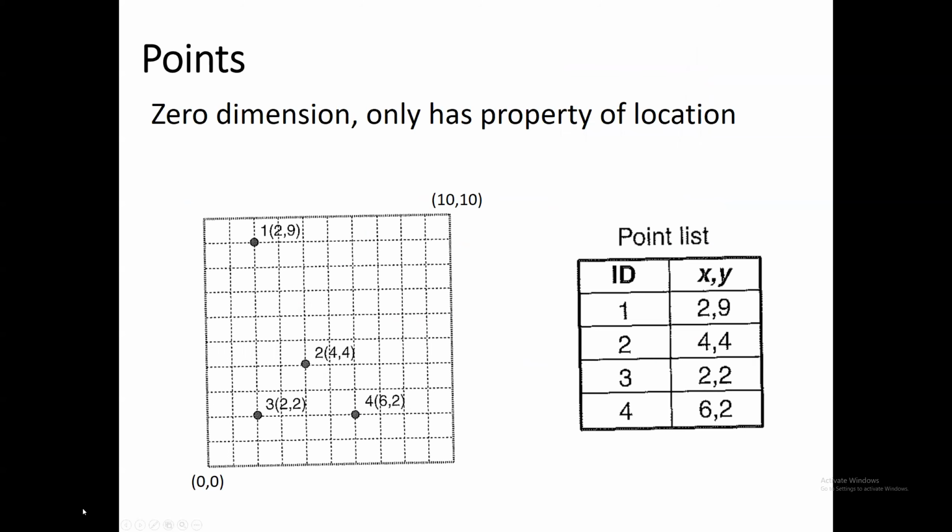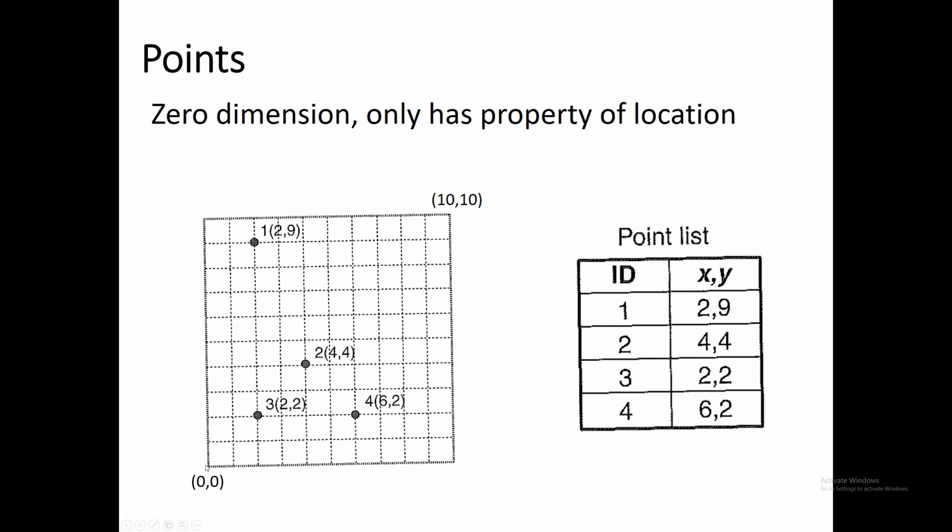So you can think about some kind of geographic coordinate system here. Down at this corner the coordinates are 0, 0, and up here it is 10, 10. 1, 2, 3, 4, 5, 6, 7, 8, 9, 10 in the X direction, and then 1 through 10 in the Y direction.